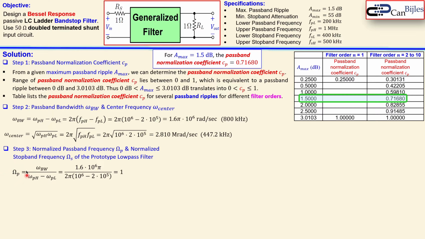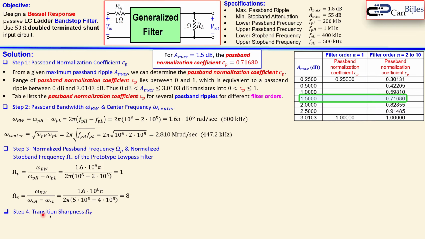For that we first need to determine the normalized passband frequency. That is given by this formula. You substitute the values here, and it's always 1. The next one is the normalized stop band frequency, omega s, which is in a similar format: bandwidth divided by the upper minus the lower stop band frequency. In this case, given the information here, that will be 8.